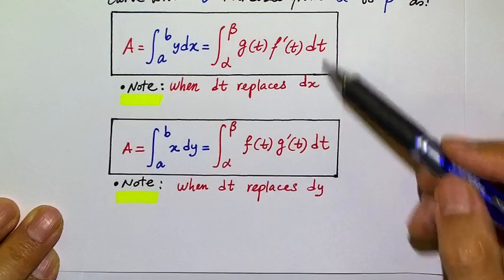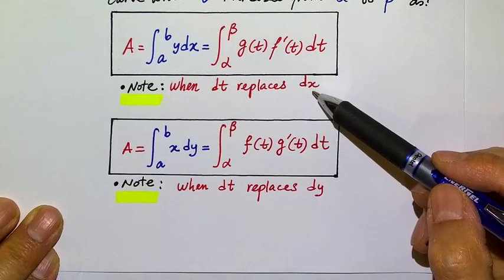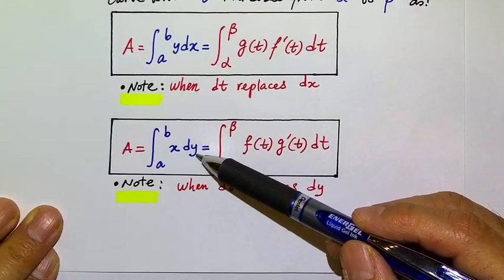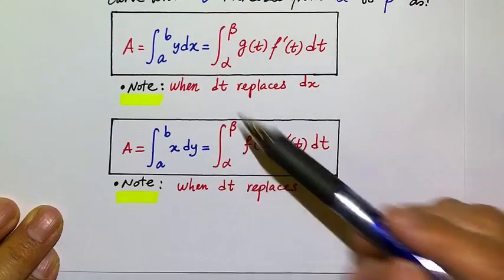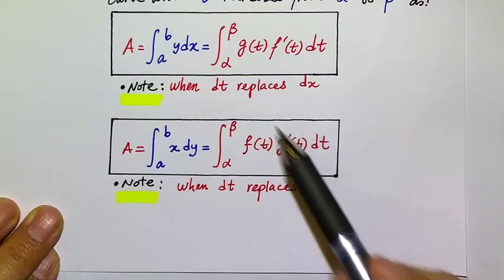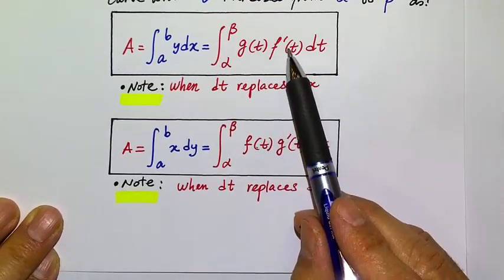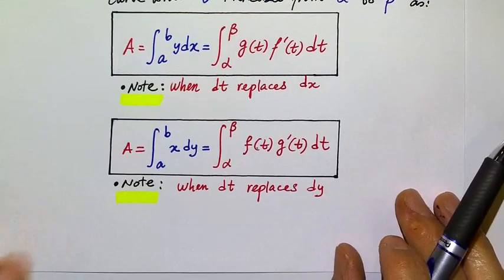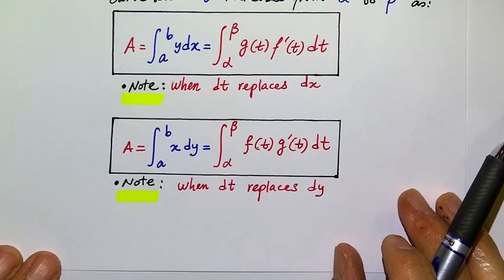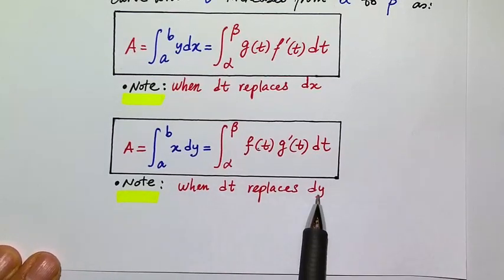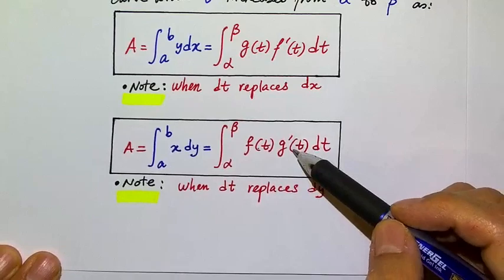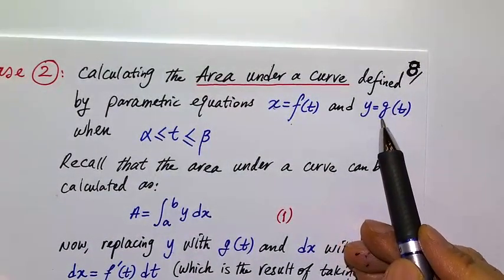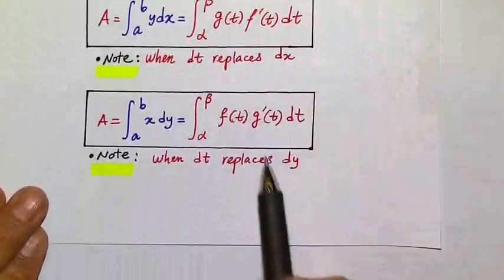So we have to be careful which case we are doing. Are we integrating with respect to x, or are we integrating with respect to the y variable? That's going to impact which function gets its derivative placed inside the integral. Okay? All right. So if we're integrating with respect to the y variable, it's the function that represents y that has to have a derivative inside the integral.